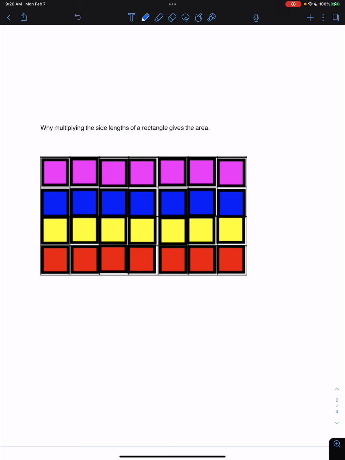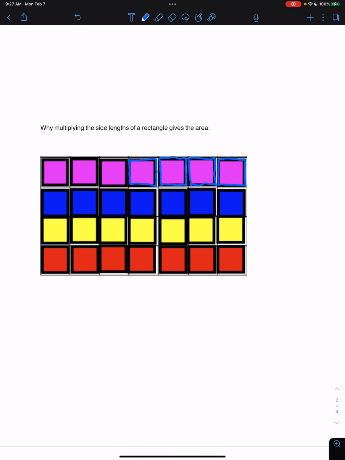So one thing that we need to remember is that when finding area, we're looking at square units. So we're always looking for squares. How many squares fill up the inside of this shape?